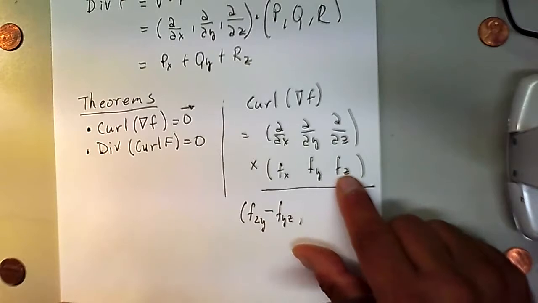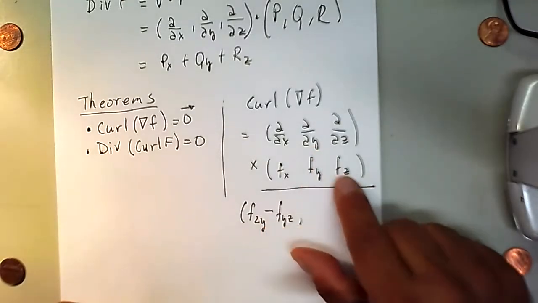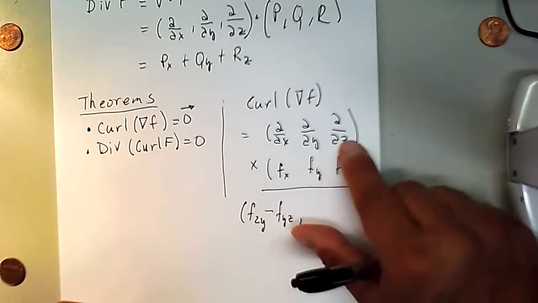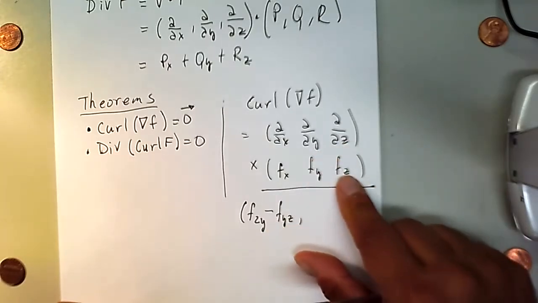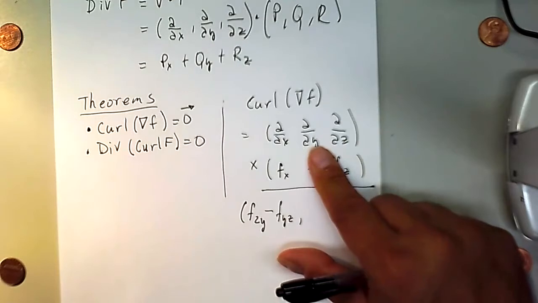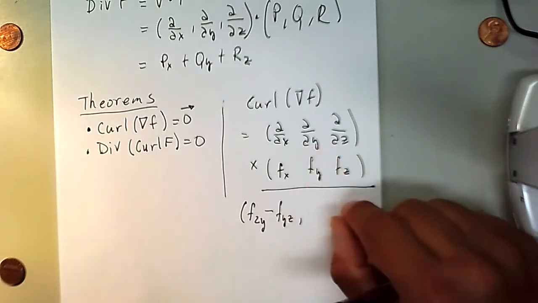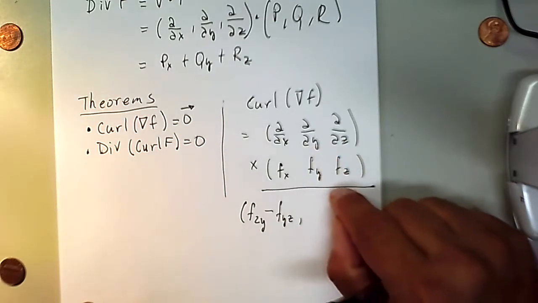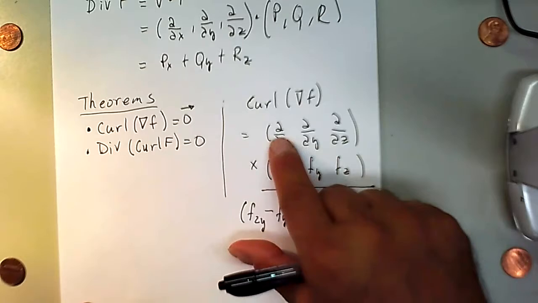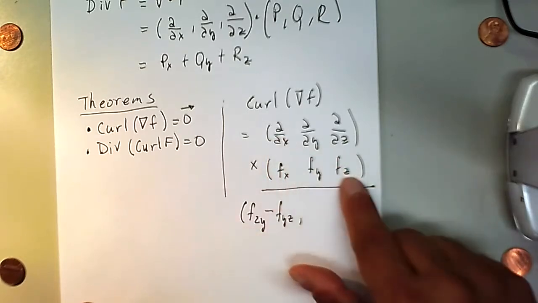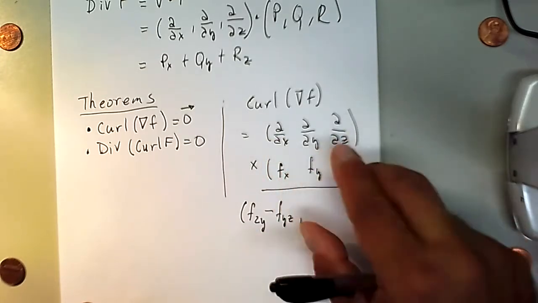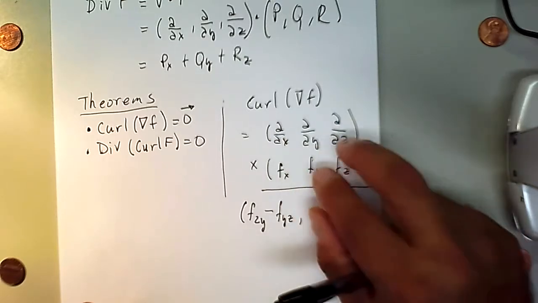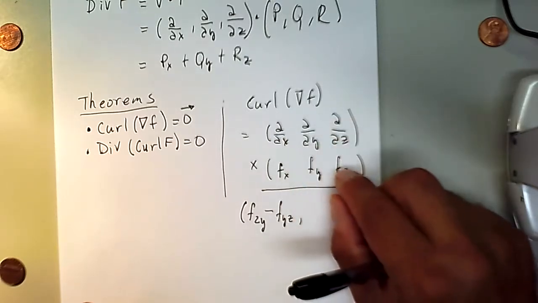So here we have yz as derivatives and yz as derivatives in different order, because here we have this z already performed, and then we're going to apply y after. The same thing is going to happen to the other components when we do the cross product. Here we have xz, xz in different order, but they end up being the same.